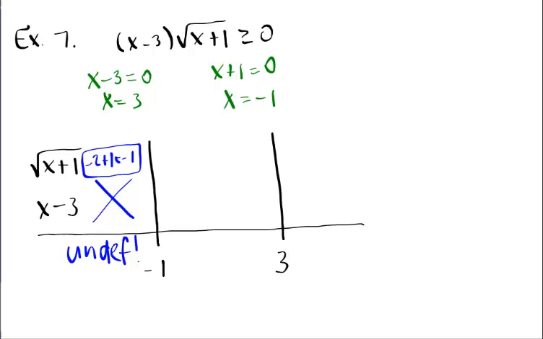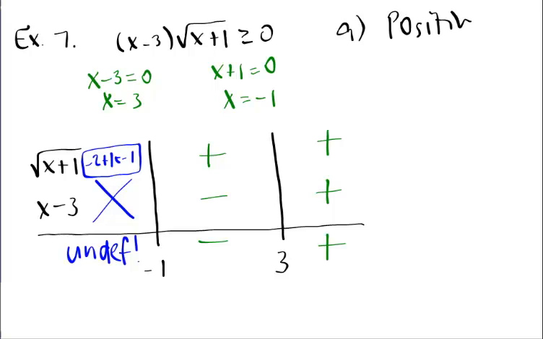We can go ahead, though, and check zeros. So when I put a 0 in, because that's between negative 1 and 3, I get a positive and a negative. And when I put a 4 in, I get a positive and a positive. So where is this guy positive?